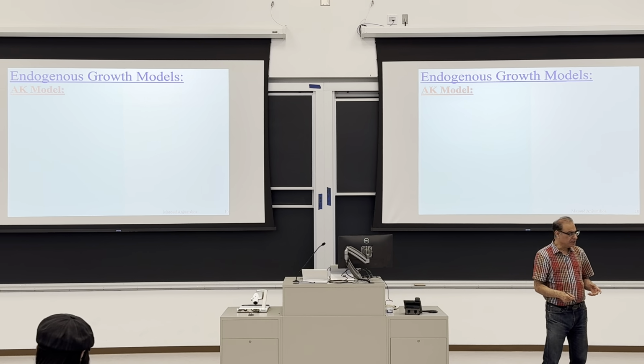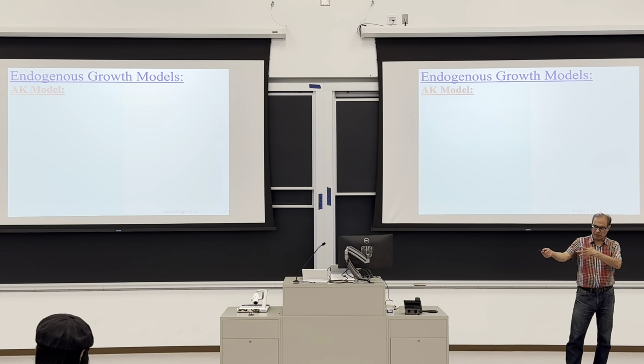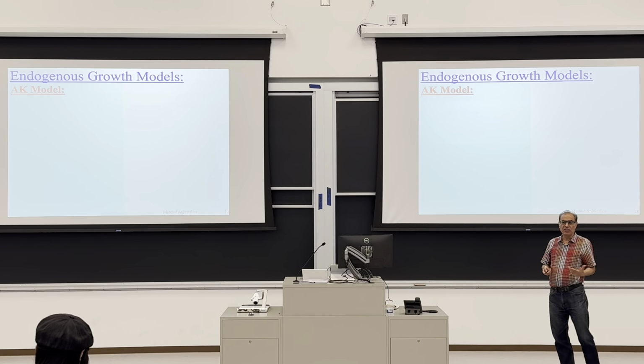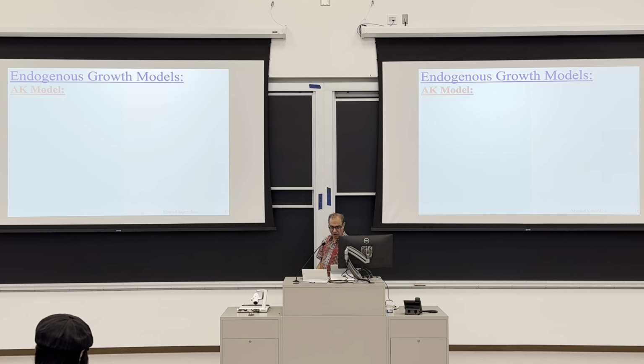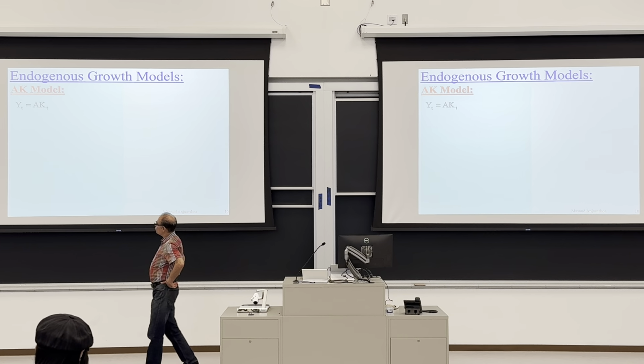Because you should have your own story. Like the Romer model, like the Barro model. Robert Barro, my professor, he came up with his own story. Now we call it the Robert Barro model, okay? But the AK model is the engine of all these growth models, okay?